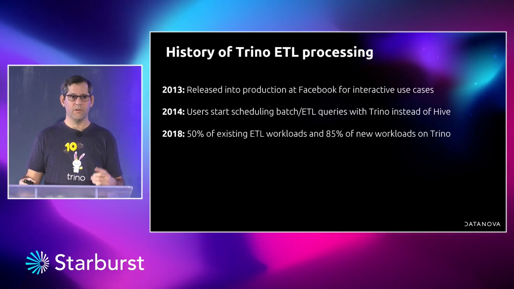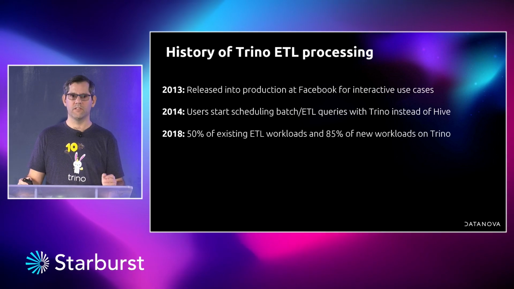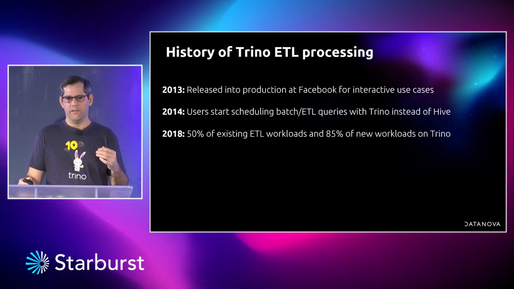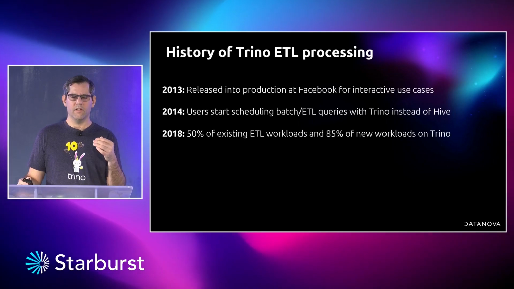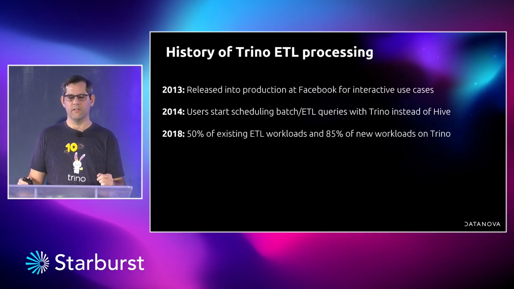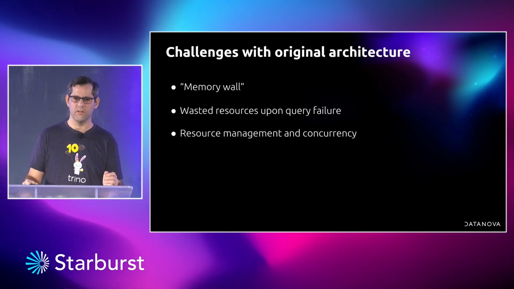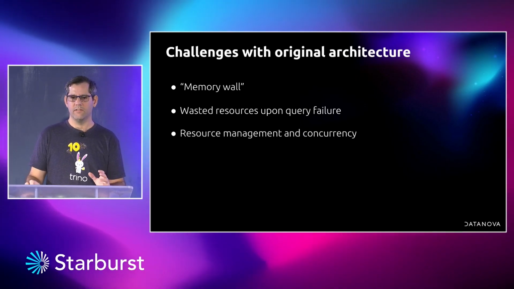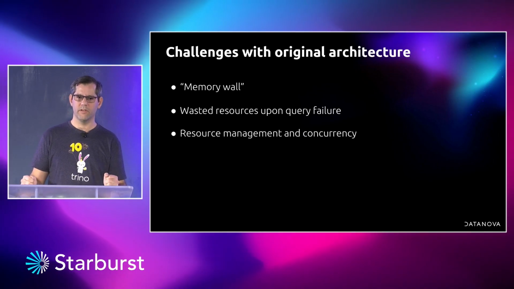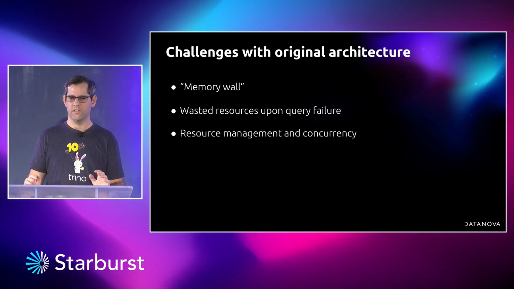But there were a number of challenges. Trino was originally designed for very fast interactive queries, and it did great at those ETL workloads, but there were some limits that it occasionally hit. One of those limits is what we call the memory wall. That means that when you run a query, as long as the working set required by the query fits in memory, everything is great.